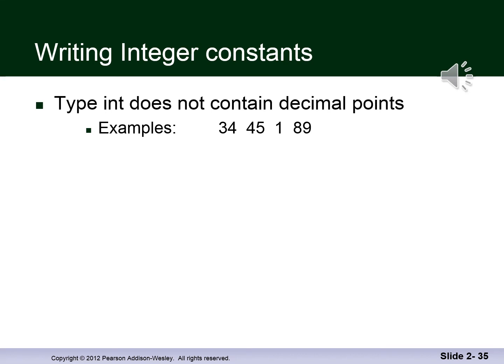It is a whole number. Here are some examples of ints or integers: 34, 45, 1, 89, 7,263 are all integer numbers. They contain no fractional component, and they are exact.